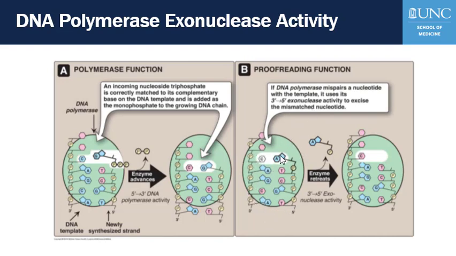And so the exonuclease activity acts in the reverse direction of synthesis, or 3' to 5', so that if DNA polymerase accidentally matches an adenine to cytosine, for example, it can excise that mismatched nucleotide and give polymerase a second chance at adding the correct nucleotide. So this exonuclease function increases polymerase's overall fidelity, or how often it inserts the appropriate nucleotide.